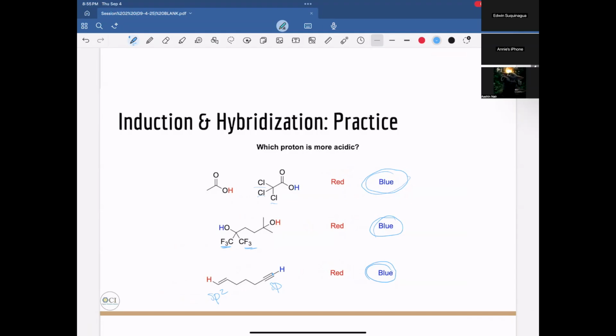If we have three separate groups that we're connected to, like this carbon over here, we're connected to a hydrogen, double bonded to a carbon, and we have another bond to a hydrogen that we can't see. So that's three different groups. So that's SP2. Does that make sense? But if we look at our carbon up here at the top, that is going to be SP3 because we have four different groups around it. So it's going to be SP, SP2, SP3. Does that make sense?